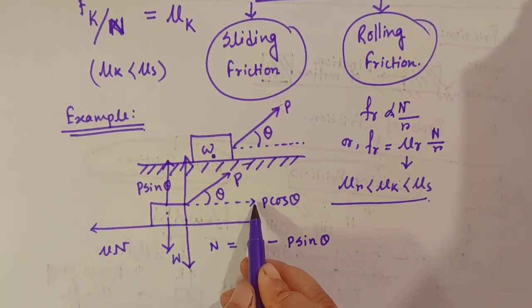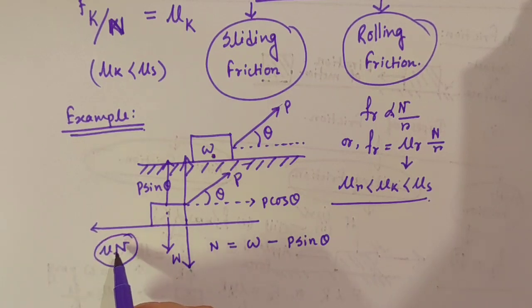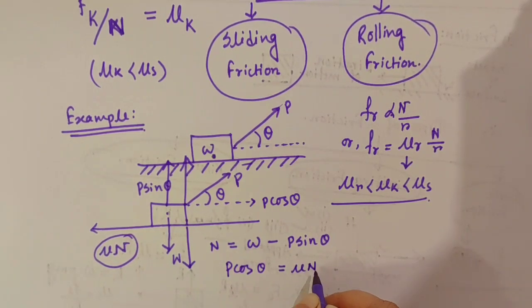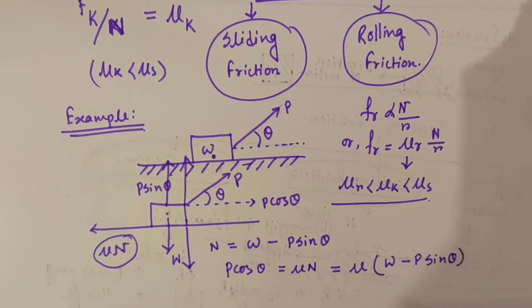Now, what is the P cos theta value? P cos theta is equal to mu N, so this is equal to mu times the value of N from this equation, W minus P sine theta. What is our question?